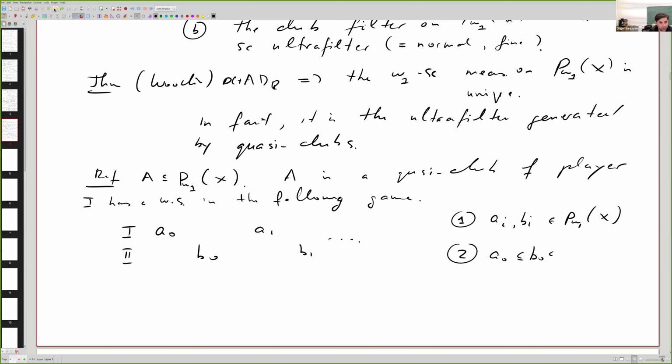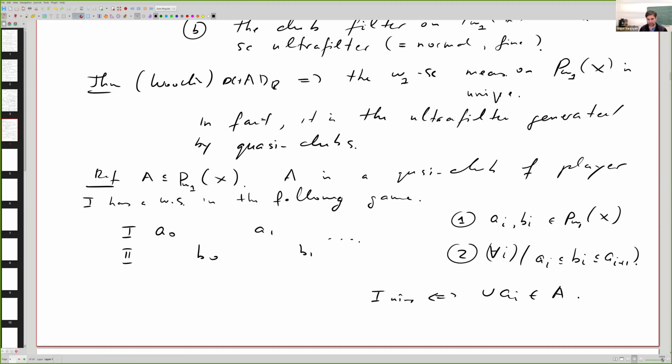And player 1 wins if and only if the union is in A. Okay, so you cannot convert this into a club. It's a tree such that all the branches belong to A, but you cannot convert this without choice into a club.